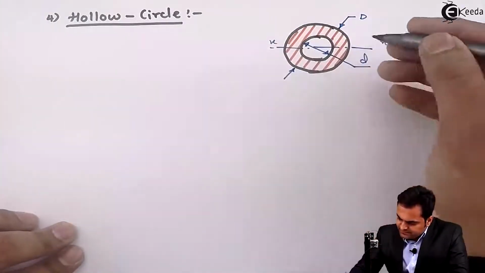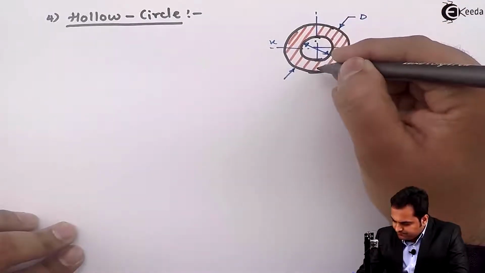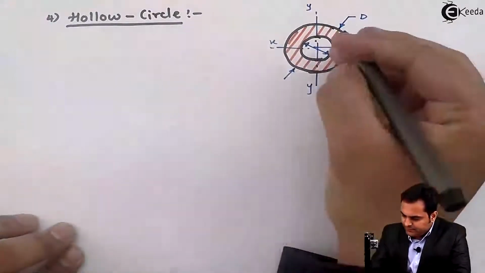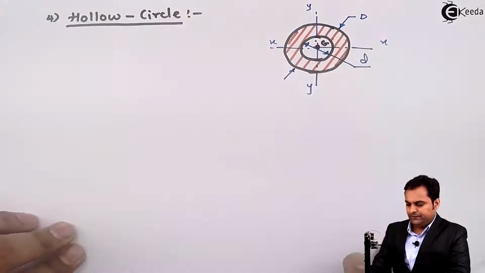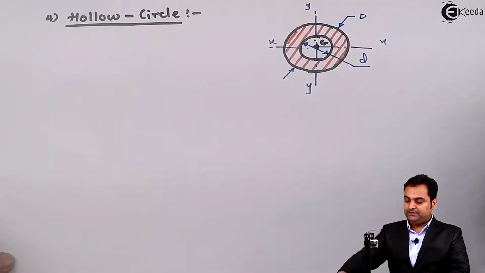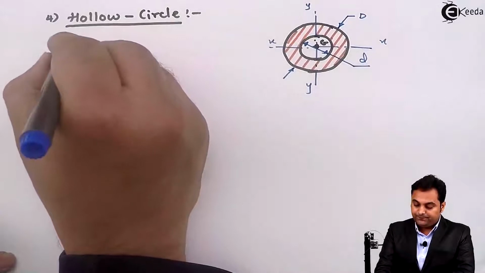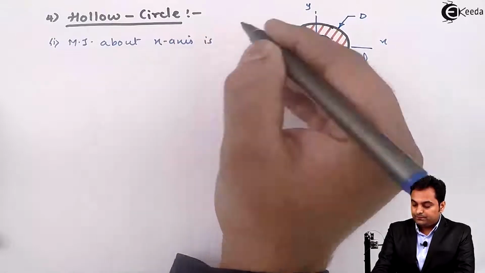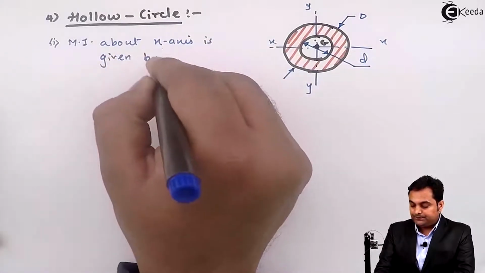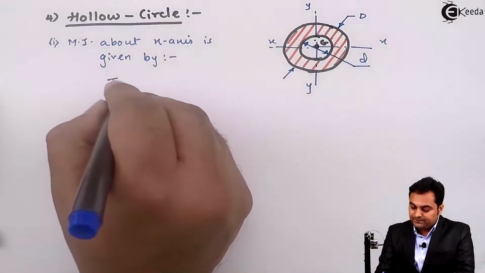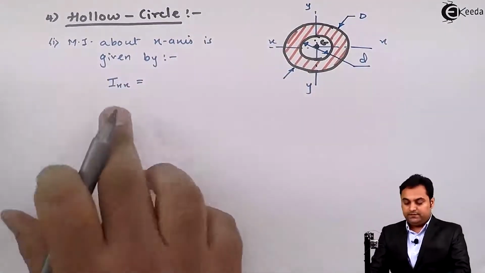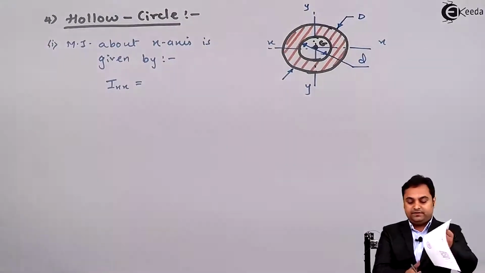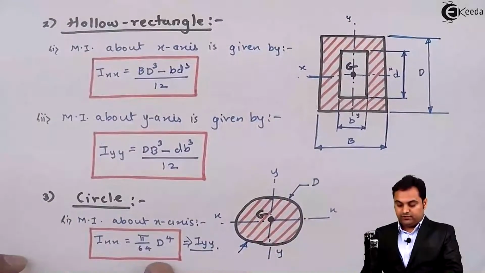Here is the x-axis and here the y-axis. Wherever they intersect, at that point there is the centroid. So now I'll say that MI about x-axis is given by Ixx is equal to, in the previous case, for a circle, it was pi by 64 capital D raised to 4.